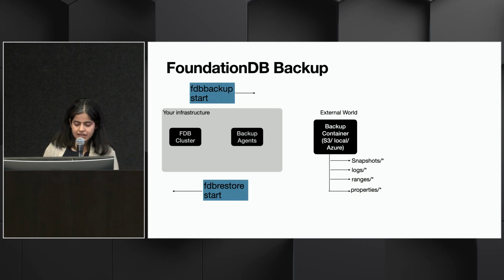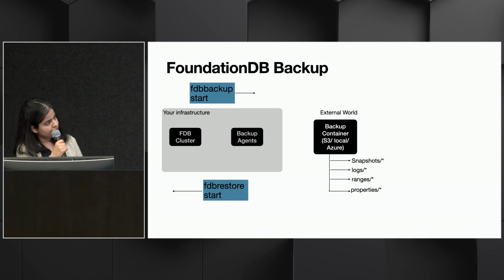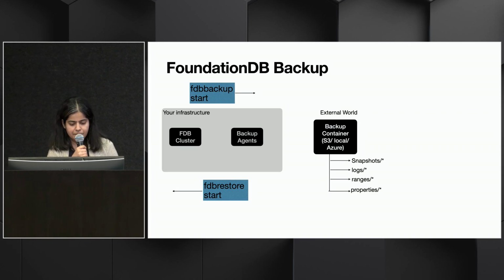Each range file contains a portion of your key space, and your entire data is divided into multiple range files. Then we have the logs folder, which captures all the changes that have been made during the backup window. And then we have the properties folder, where there are multiple metadata files.